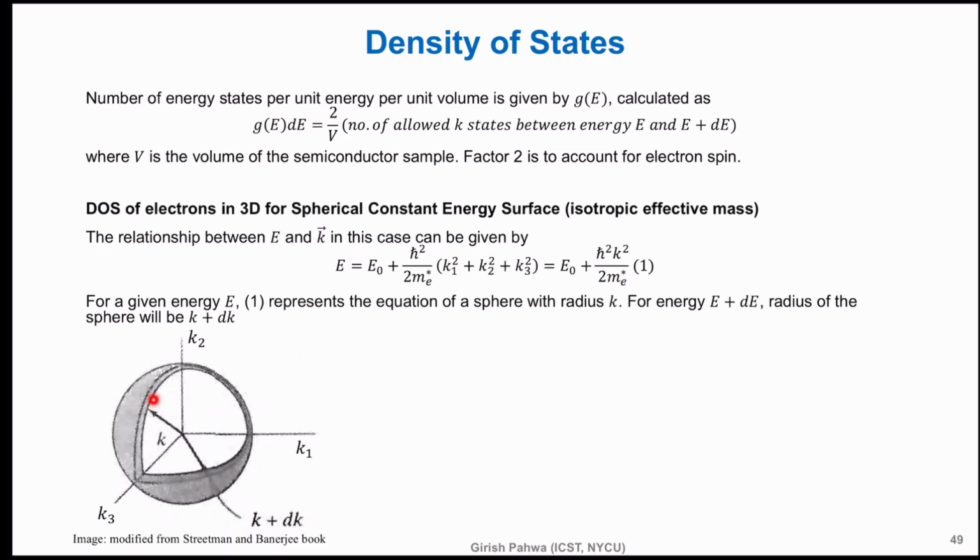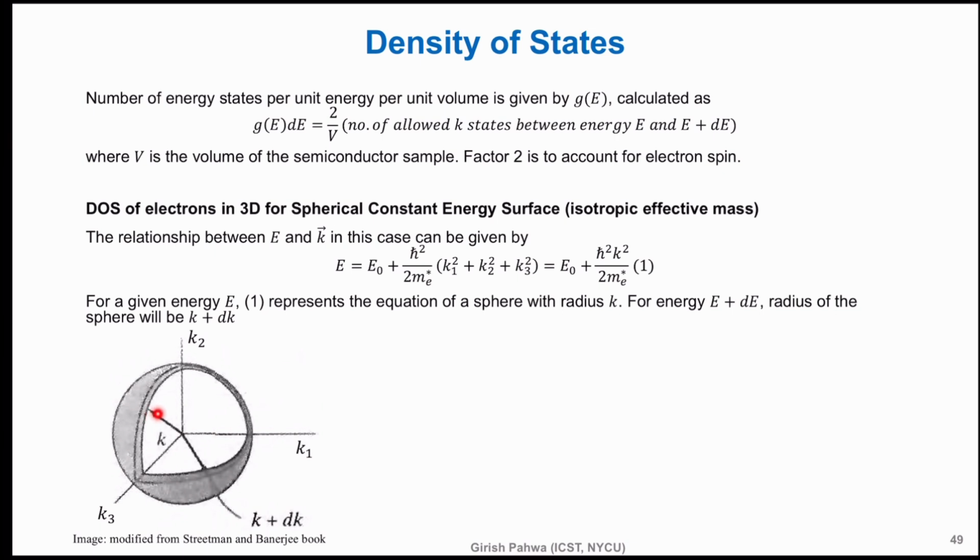I want to find how many k points are there in this shell, and then I will divide that by dE, and then I will divide by volume. So I want to find those number of k points that are lying between these two surfaces, basically this shell. How do I find that?